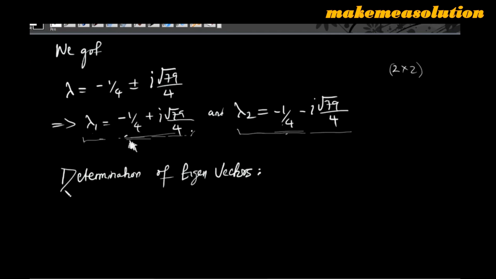So let's see how it works. For complex conjugates, remember, you don't need to solve for two eigenvectors, you're solving for only one, then that one will lead you to the other one. Now follow me very carefully. To determine the eigenvectors, we have to use the equation (A minus lambda I) v equal to 0.